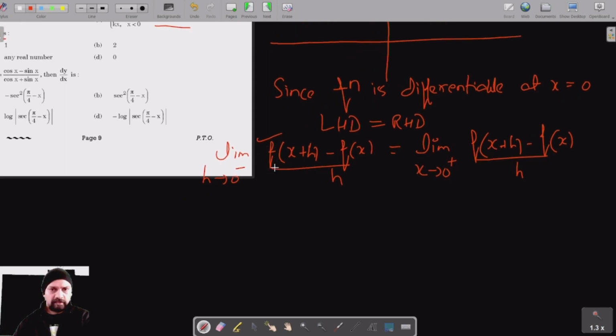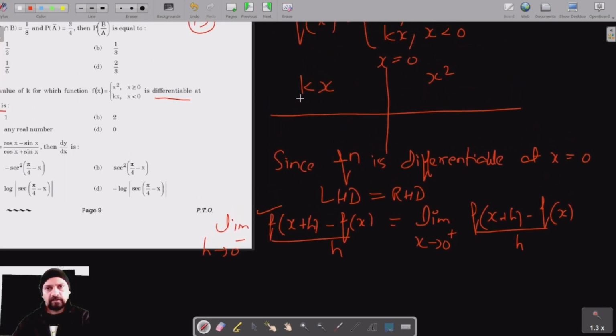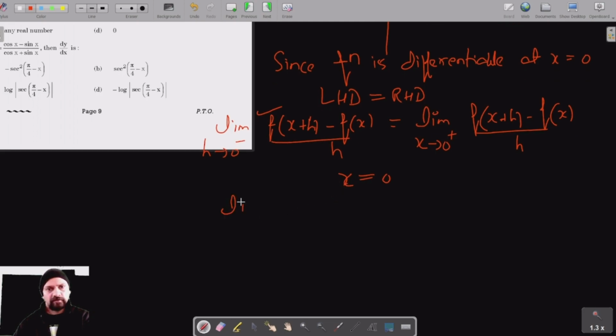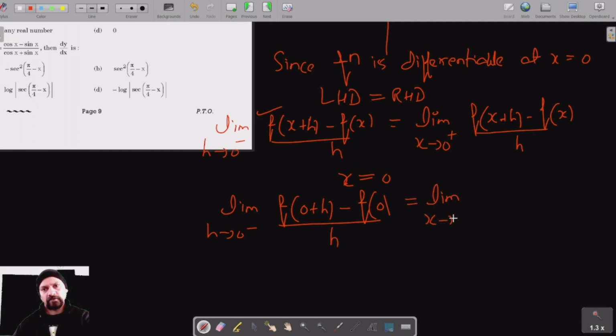Now for the left hand derivative, the function is kx. Our x is 0, which gives us the left hand derivative as f of 0 plus h minus f of 0 by h.